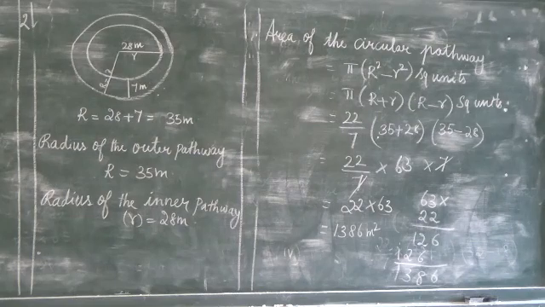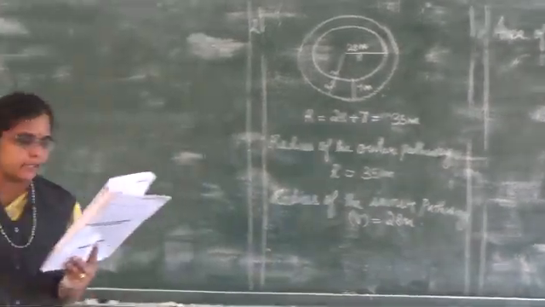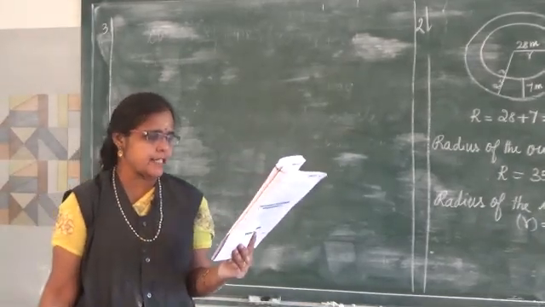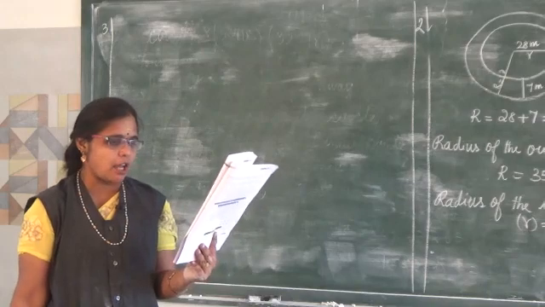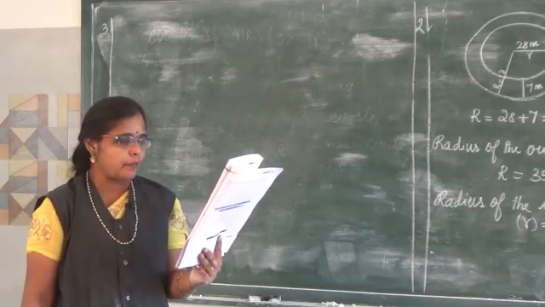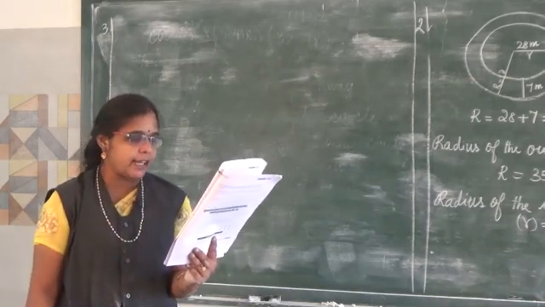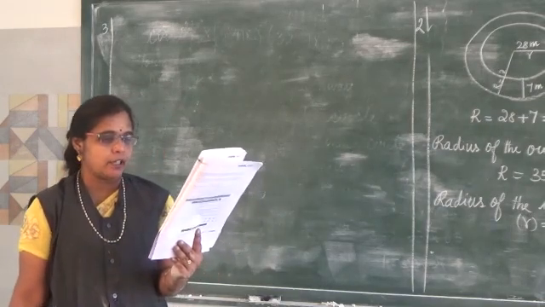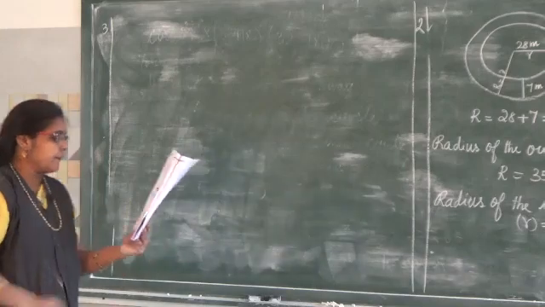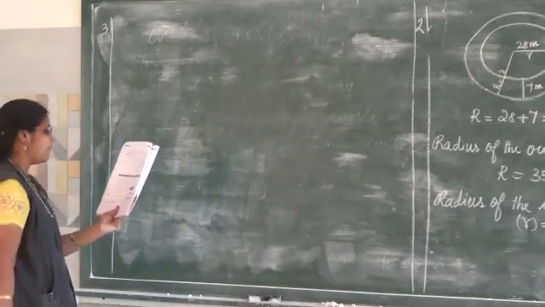Now third problem. A circular carpet whose radius is 106 centimeter is laid on a circular hall of radius 120 centimeter. Find the area of the hall uncovered by the carpet. So here the circular hall they have given.